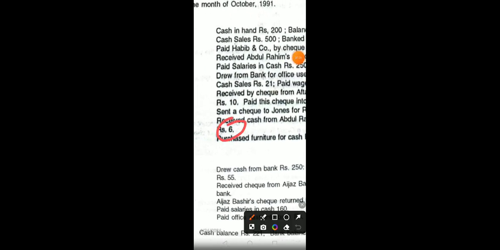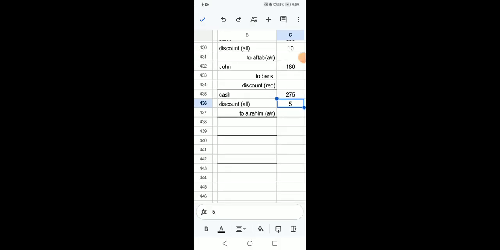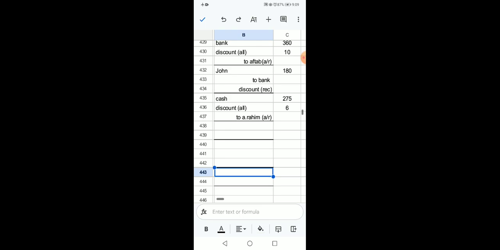Entry is not yet complete. Abdul Rahim's entry was this, and discount allowed was this. Oh, actually the discount is 6, so first you will rectify the amount, that is 6. It means the amount of Rahim is not mentioned over here. Again you will apply the simple accounting principle. Debit and credit side are always equal.